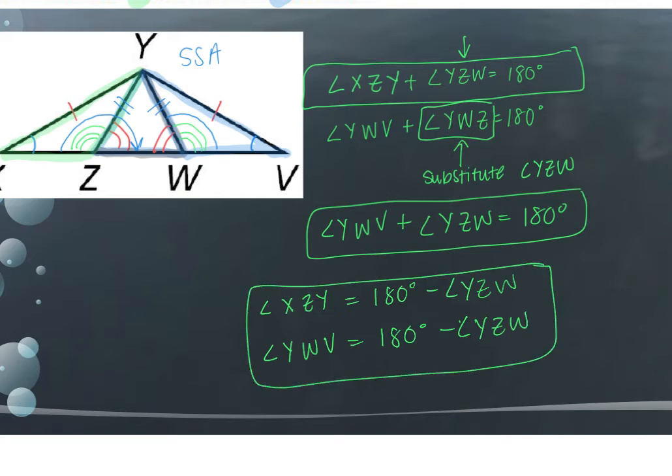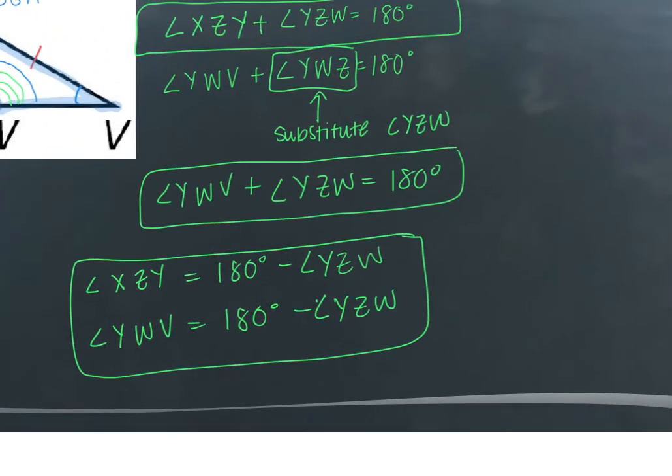Do you guys see anything interesting about these two equations? Well, if they're equal to the same thing, guys, we can just set them equal to each other. So we can conclude that angle XZY is equal to angle YWV.